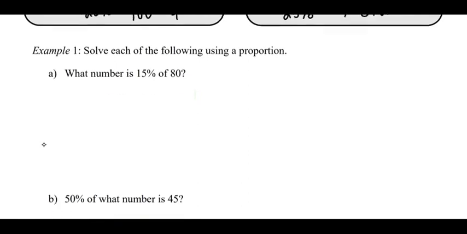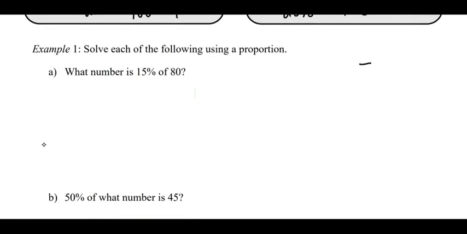In your proportion, you are going to have the left side and the right side. On the right side, you have your percent over 100, and on the left side, you have the part of a number and the whole number.